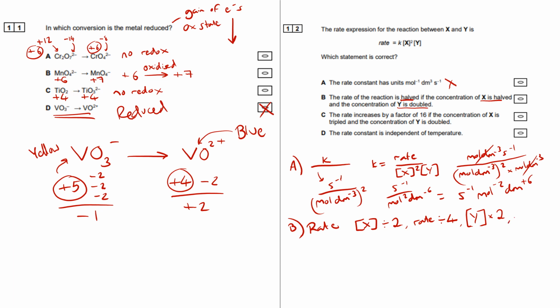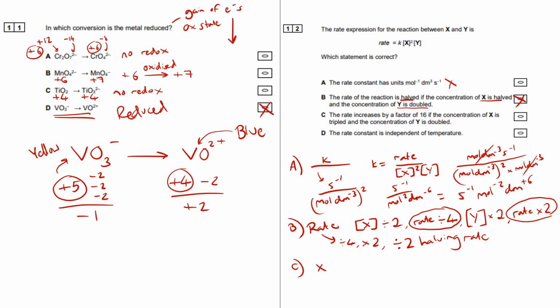So C, the rate increases by a factor of 16 if the concentration of X is tripled and the concentration of Y is doubled. If X is tripled, then what's going to happen to the rate? The rate is going to increase by 3 squared or times by 9. If Y is doubled, the rate is also going to double because it's first order.